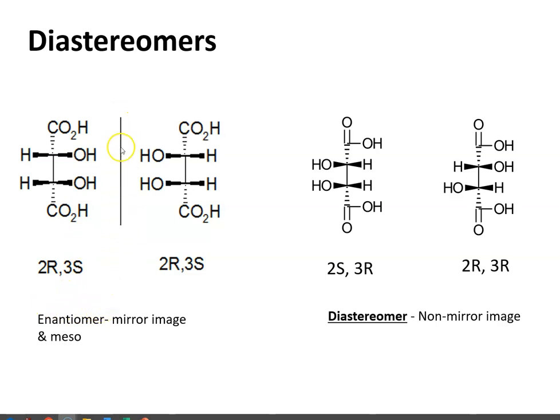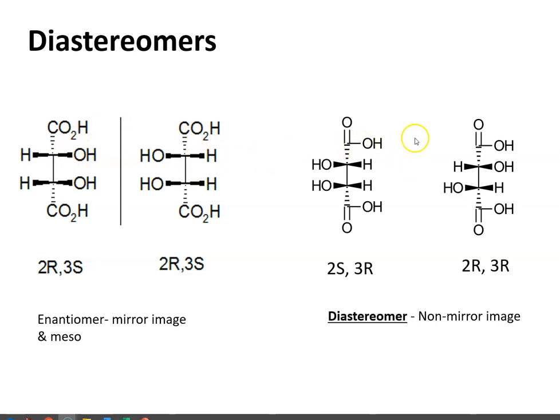Here is an example of enantiomers. The enantiomers here are mirror images of each other. Each of these is also a meso compound because we could draw a line between the two halves and they would be mirror images. Or if we fold this piece of paper in half, they'd line up and match each other. So these are enantiomers of each other, and each of these is a meso compound.